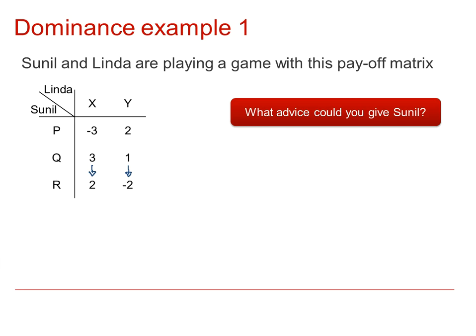This situation where the elements in a row are always bigger than the corresponding elements in another row is known as dominance. So what we say is that here row Q dominates row R. And if that is the case, then there's no point in effect R being there.